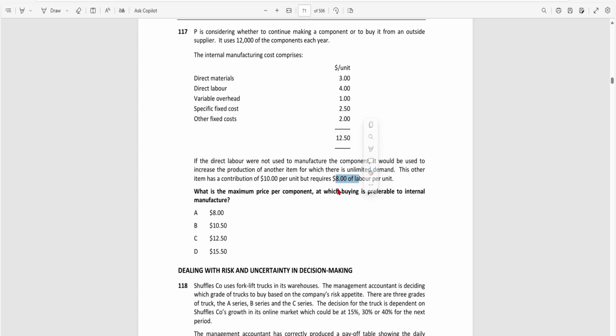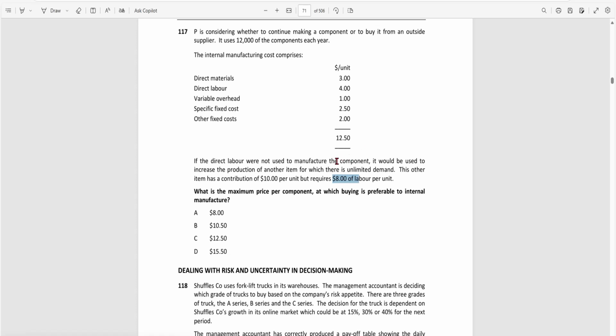That's the reason we divide 10 by 2, because we are using 2 labor hours. In the internal manufacturing cost the direct labor per unit is 4, but the total involved is 8, which means we are using 2 labor hours. So we calculate the contribution per labor hour, and then we add it along with the direct labor.